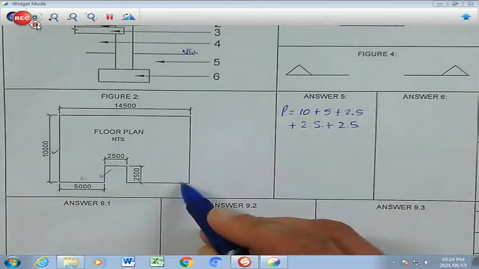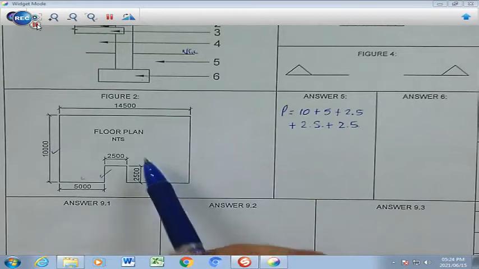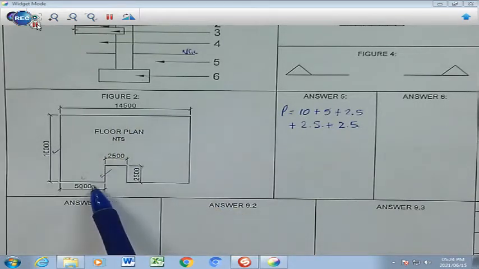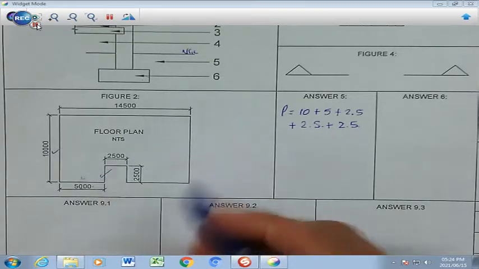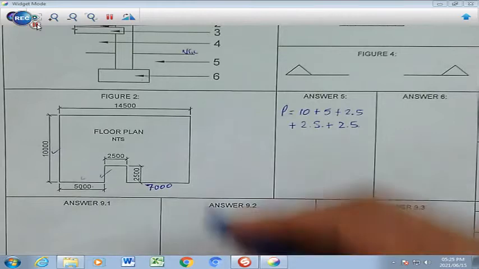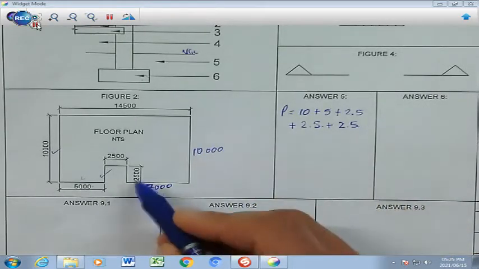And then we're going to have this part over here which we need to work out, and by doing so you're going to take 14 meters 500 and you minus this 5 meters and that 2.5, and that's going to give you 7 meters over there. This is also 10 meters, which you see there.